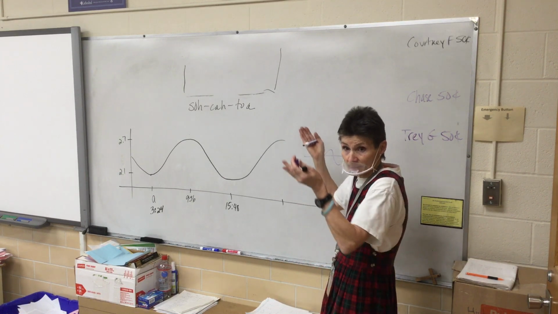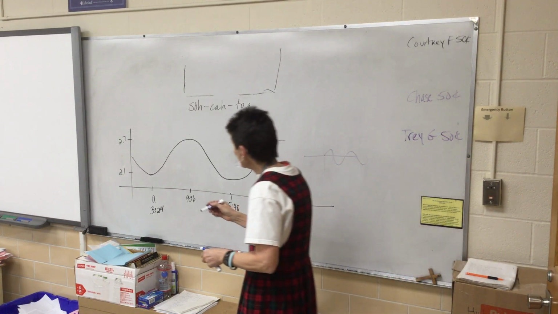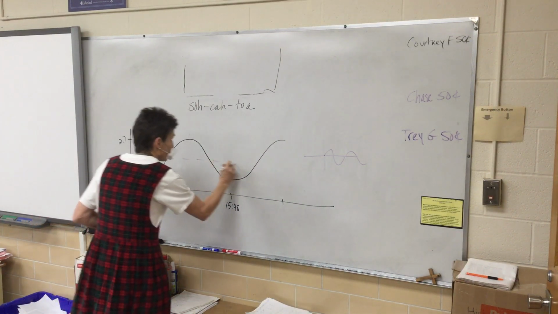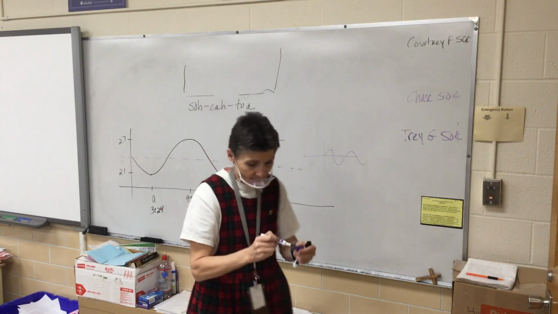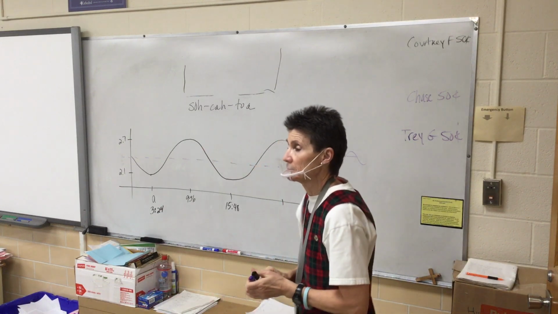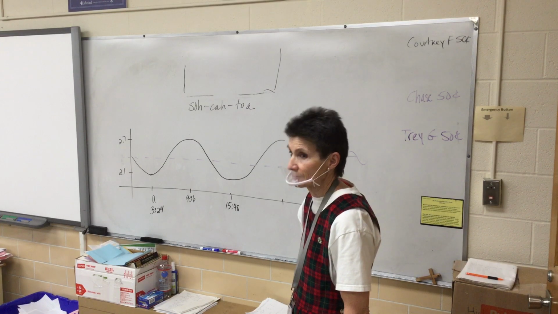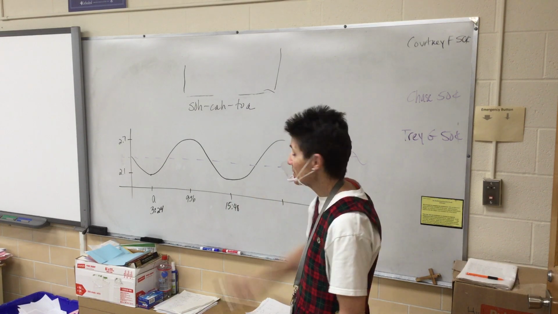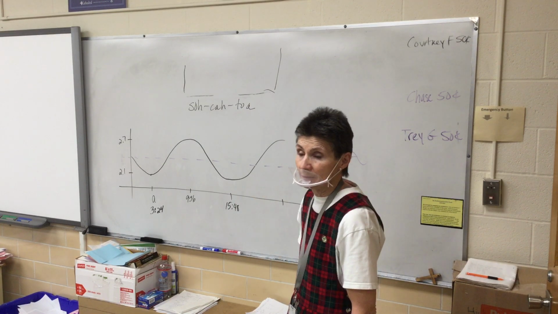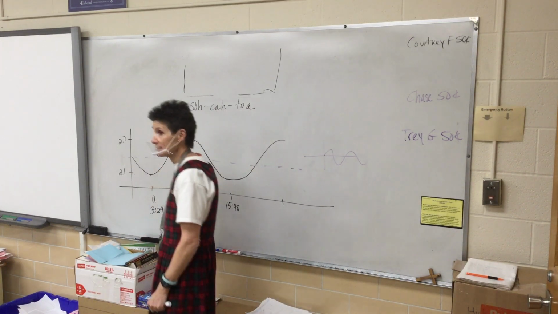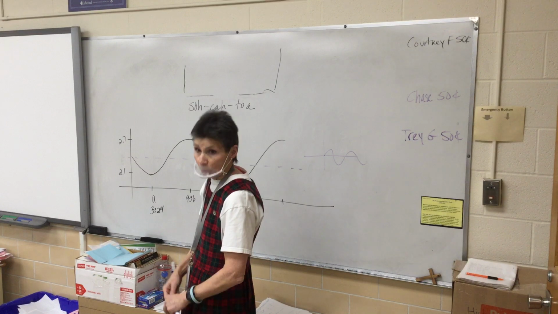It's been lifted up. So can you figure out what its axis is? It's not hard. It's halfway between the high point and the low point. So what's halfway between 2.1 and 2.7? 2.4.